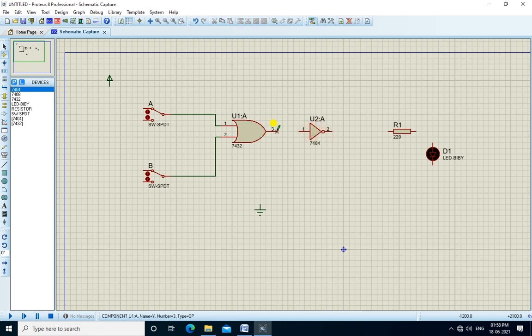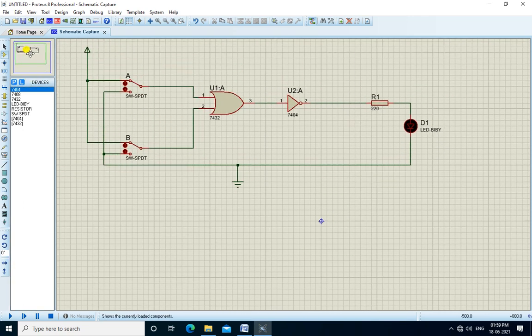Okay, the output of the OR gate is connected to the input of the NOT gate, and the output of the NOT gate is connected to the LED. Connect the switches to plus VCC and ground. The first circuit is completed.